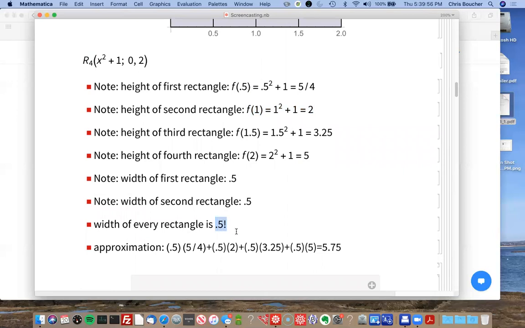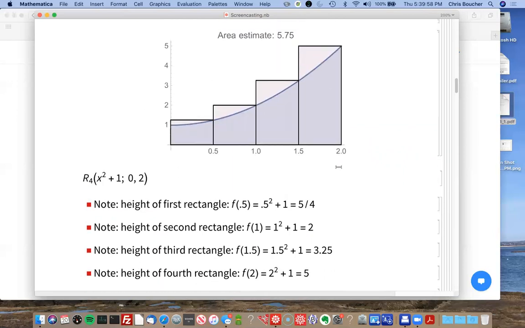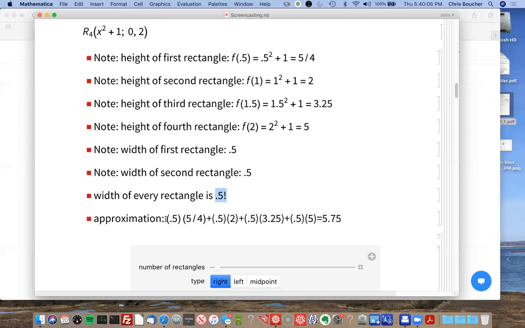It is 0.5. So when I compute my areas, I'm going to go width times height plus width times height plus width times height. Here is the first width and the first height. Second width and the second height. Third width, third height. Fourth width, fourth height. And if you plug all this into a calculator, that's where the 5.75 comes from.